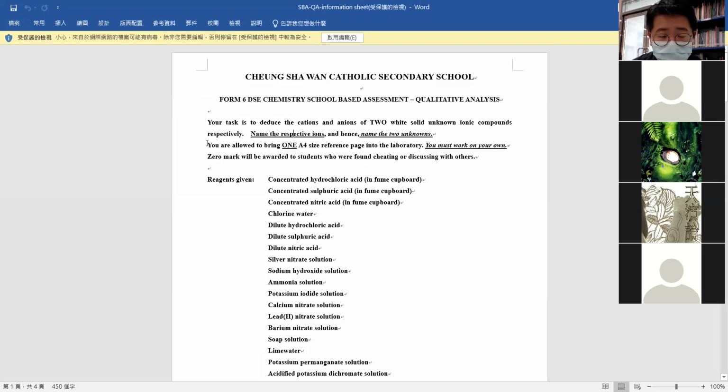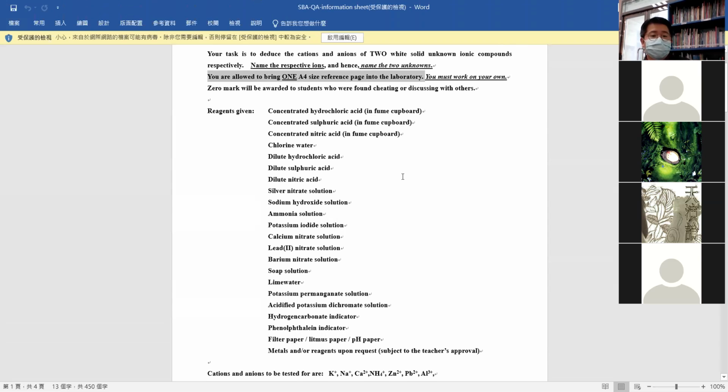Because you are now having a revision, I expect you to either memorize the whole different chemical tests for cations and anions, or if you fail to manage for the time being, you may use 1 A4 size reference page to bring to the lab. This is the cheat sheet, okay? It is individual work, and you'll be given the following chemicals.